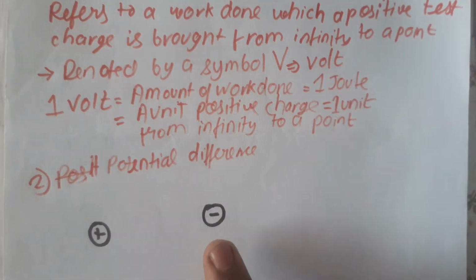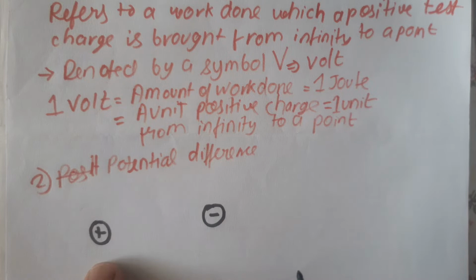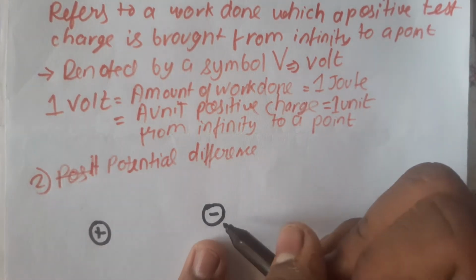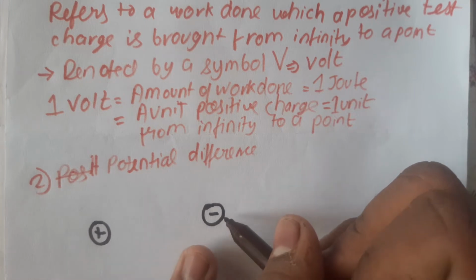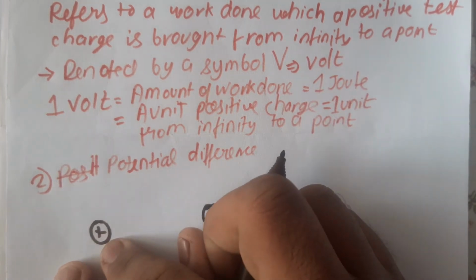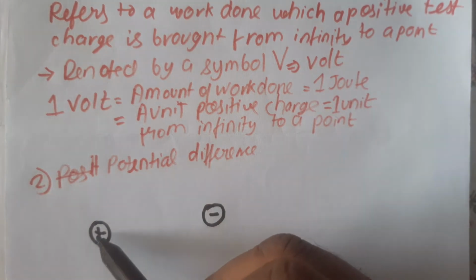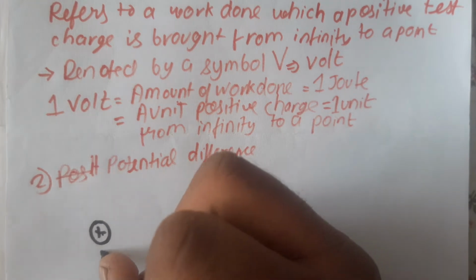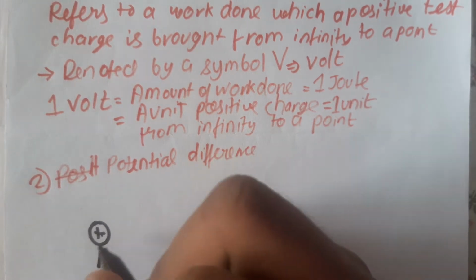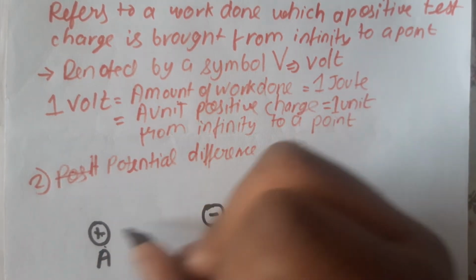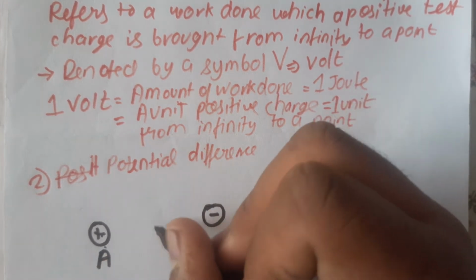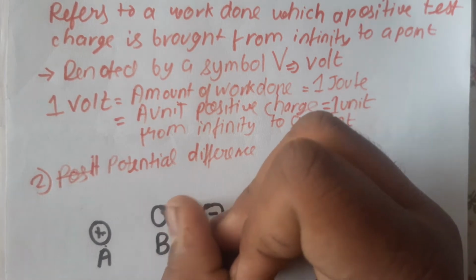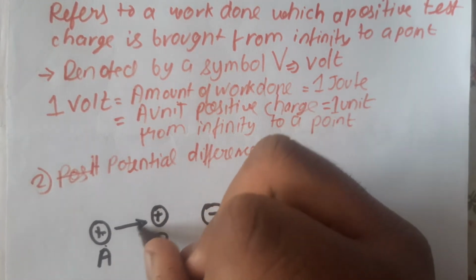This negative charge will apply a force of attraction to the positive test charge, so it will pull it towards itself. Let's take this position as A, and let's assume the charge comes to this position.